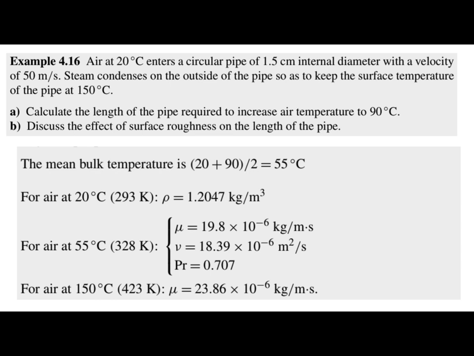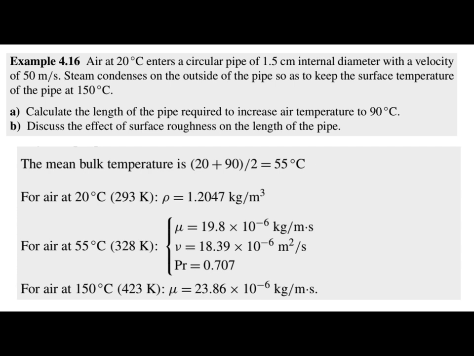The air flows with a velocity of 50 meters per second, and the temperature at which the air enters is 20 degrees Celsius. Steam is flowing over the pipe to raise the air's temperature, and the steam temperature is 150 degrees Celsius. We are also given some data at the bulk mean temperature, which is 55 degrees Celsius.